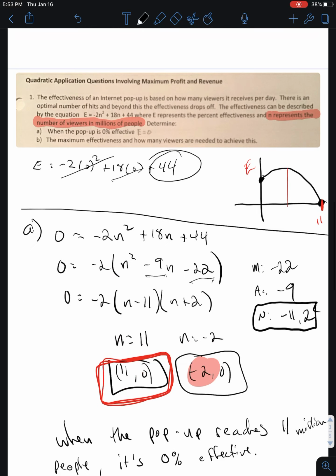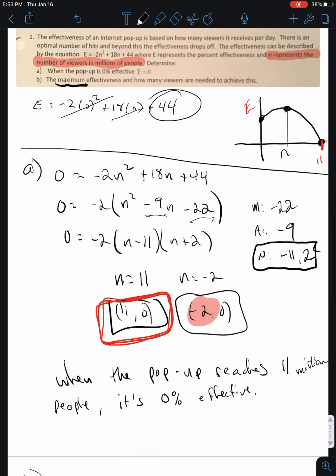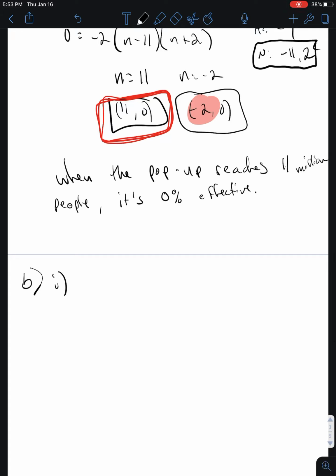We both said this one is asking about the maximum, so it's talking about the vertex. What's the maximum effectiveness, and where does that occur, after it reaches how many people? So I need the n value that produces the maximum. You said we can complete the square. That's one option.